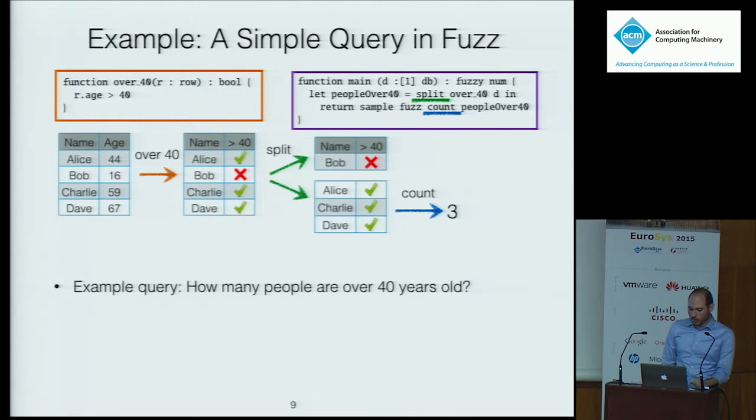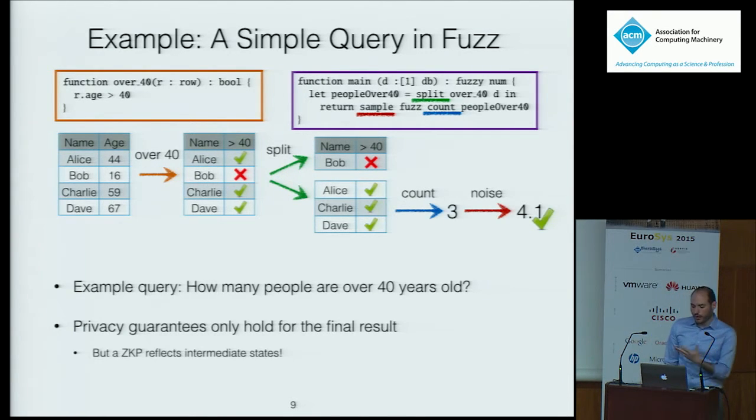Then, this query counts the number of people over 40 years old, and finally, it adds a random amount of noise to provide differential privacy guarantees. Hence, the final result has been noised and is safe to publish.